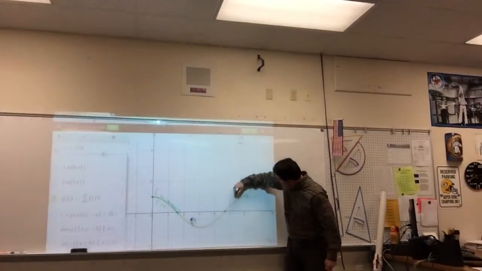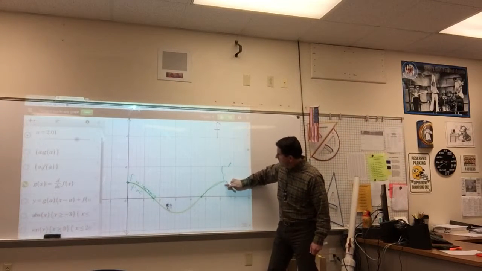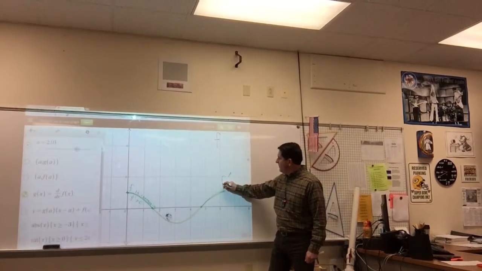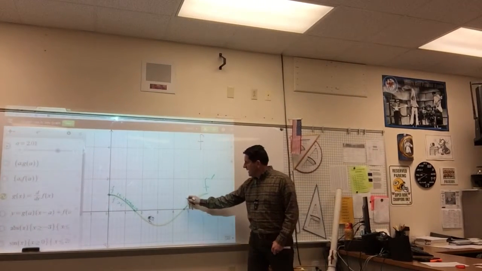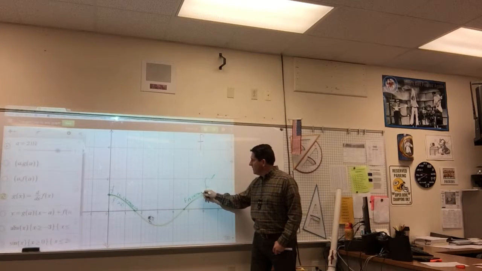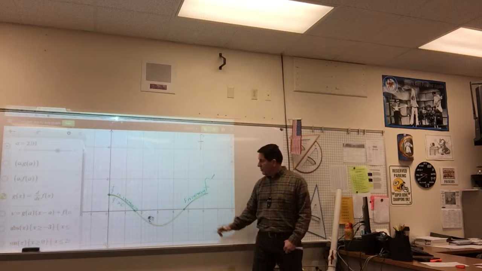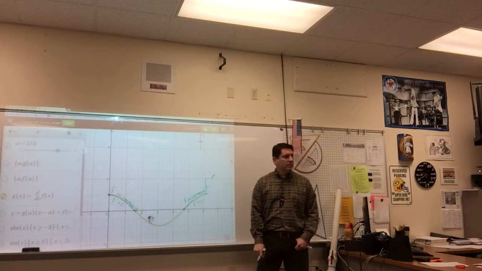This interval from here to here, what's happening to f? Same thing. F is increasing because f prime is positive.